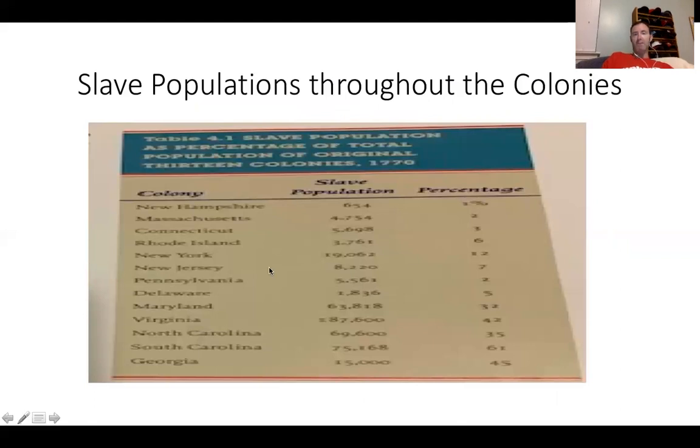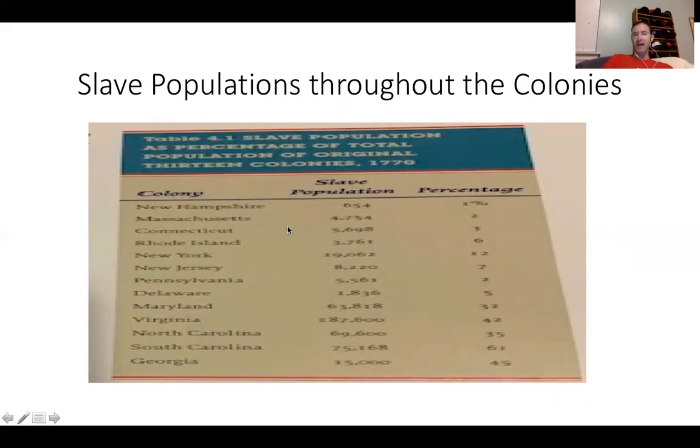Okay, I know that this is not the easiest thing to read, but the main thing here, guys, is not for you to memorize numbers, but for you to see how, in fact, we see a very large spread of slavery in British North America. New Hampshire, these are all, of course, important settlements.